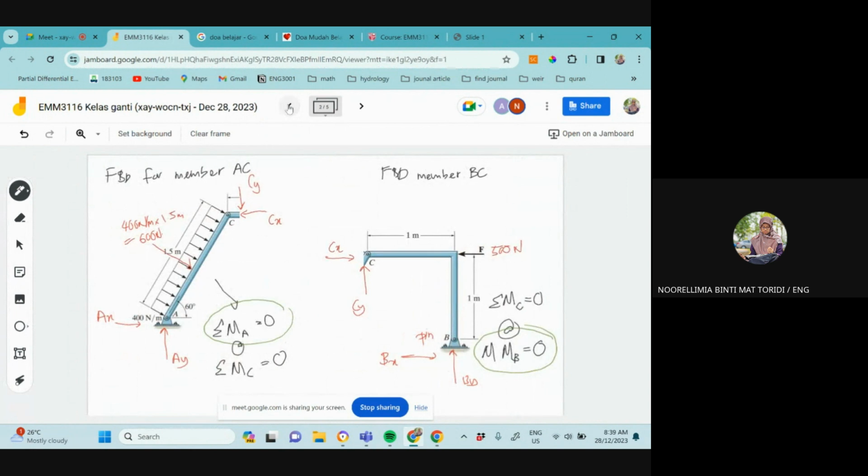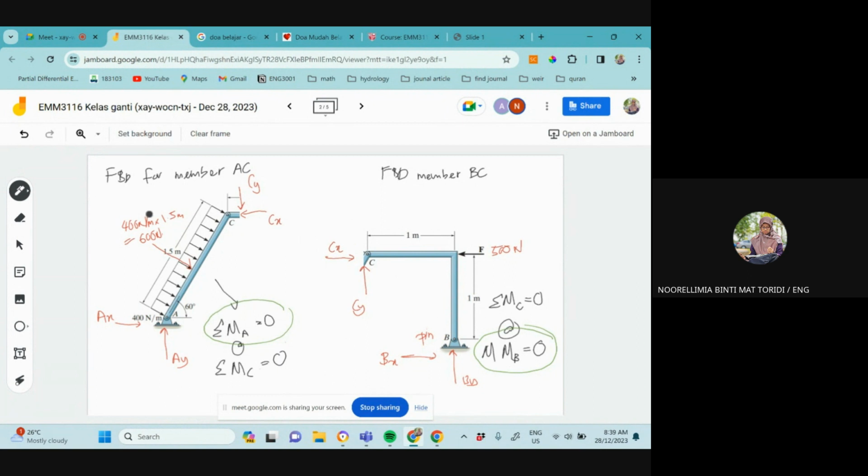So let's say we already know the value of Cy and Cx. Same for this one as well. So then we can find out Ax and Ay and also Bx and By.